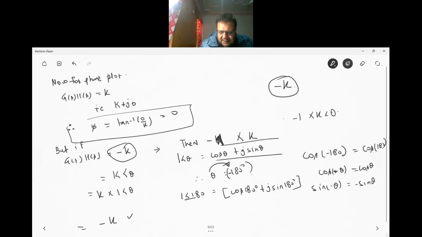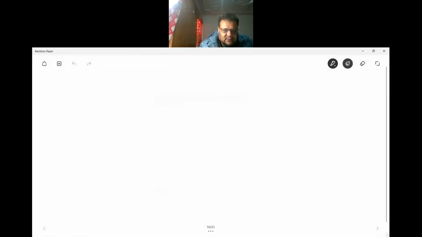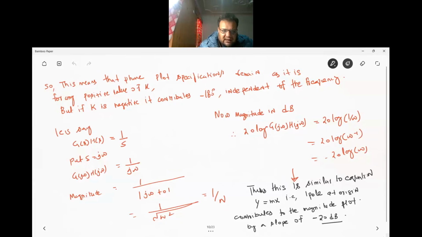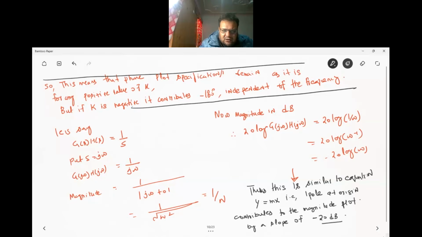Anyway, whether it is minus or plus hardly matters here, because sine n pi is 0. That means sine 180 is 0, and even if you multiply by minus, it will become 0. So this is only possible if your k value is negative. That means your phase would be equal to minus 180 degrees. If k is negative, it contributes minus 180 degrees, independent of any frequency.